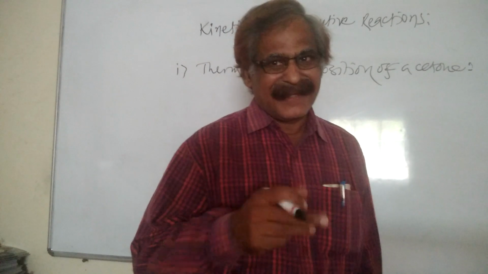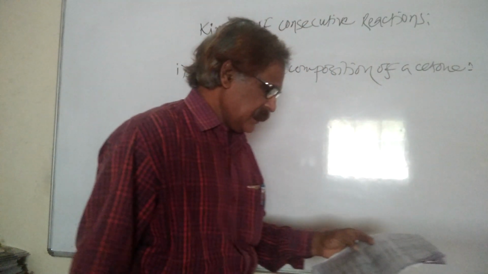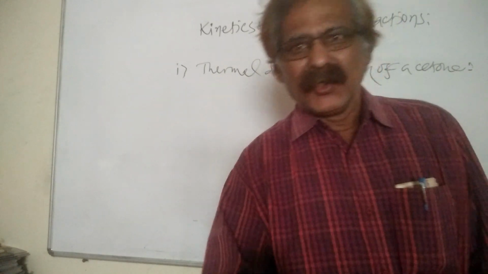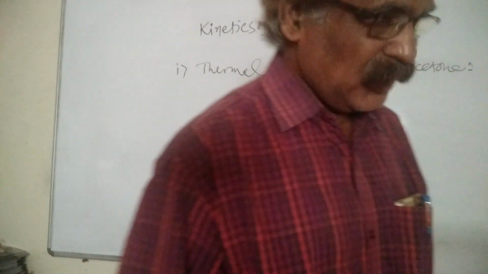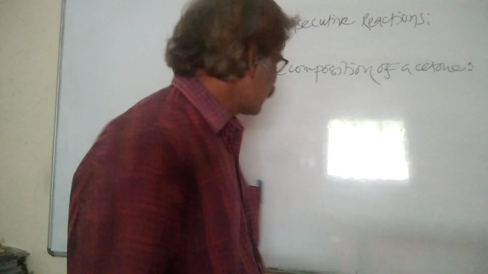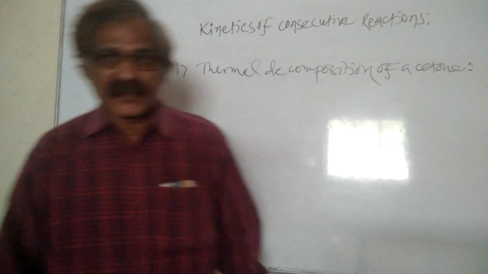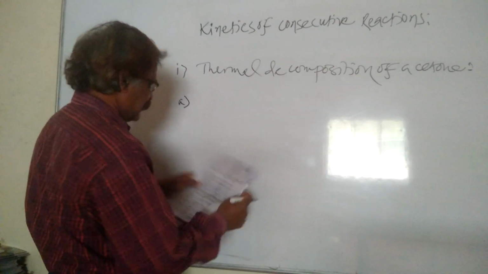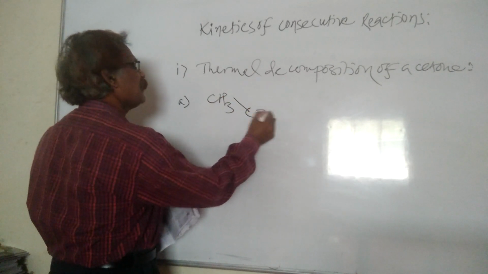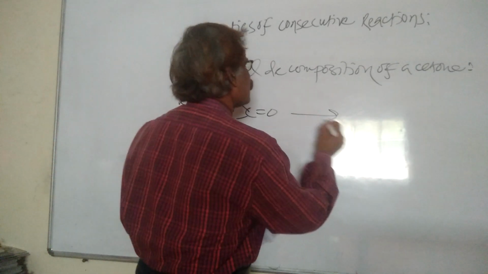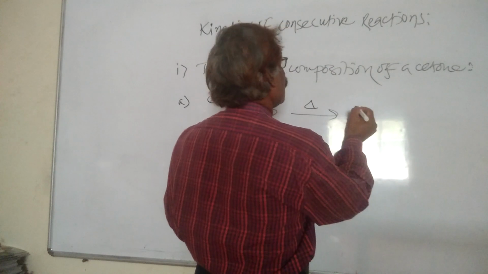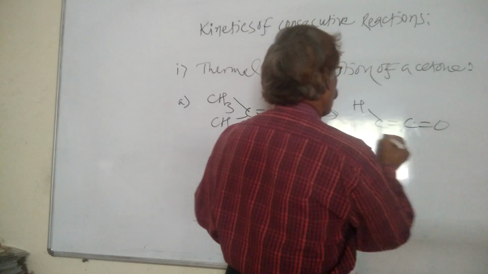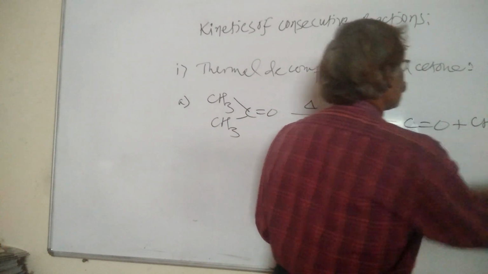But this conversion of acetone into the final products ethene, carbon monoxide and methane does not take place in a single step, but in two steps. This reaction, the thermal decomposition of acetone, occurs in two stages. Let us see how. In the first step, acetone, CH3-CO-CH3, is converted into H-C=C=O plus CH4.